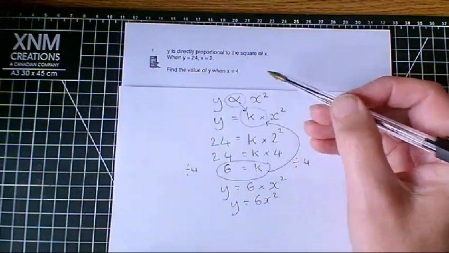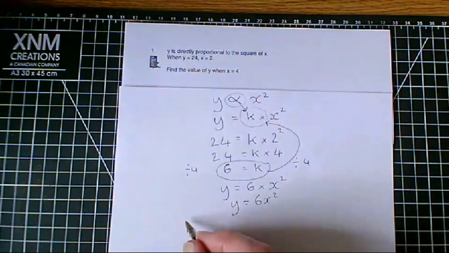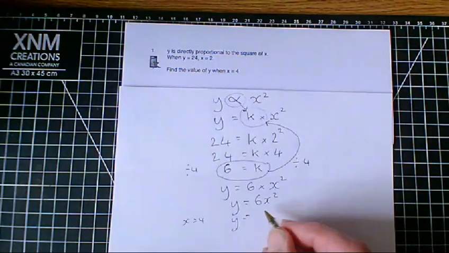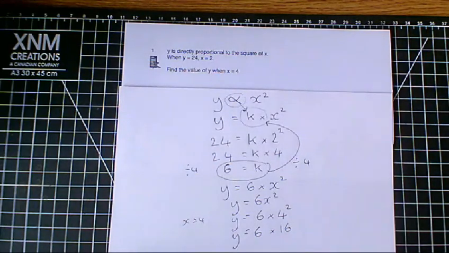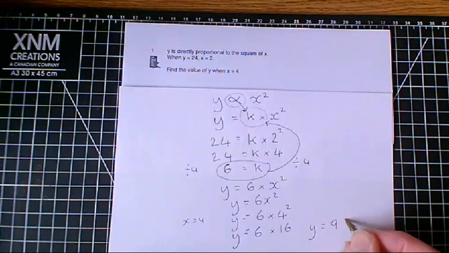The question says, find the value of y when x is equal to 4. So when x is equal to 4, y will equal 6 times 4 squared. Y will be 6 times 16. That means y will equal 96.